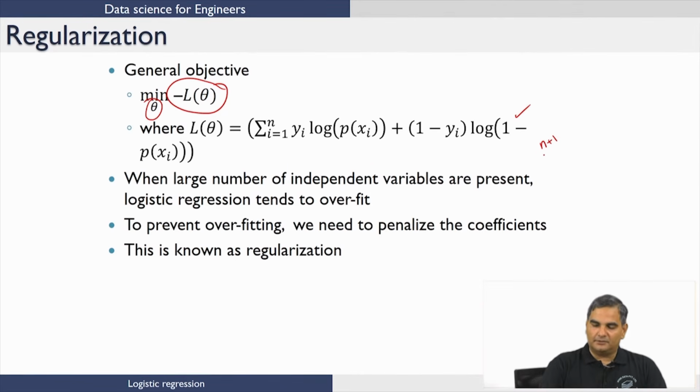If this n becomes very large, when there are a large number of variables present, then these logistic regression models can overfit, because there are so many parameters that you could tend to overfit the data. So, to prevent this, though you have these n plus 1 decision variables to use, one would want these decision variables to be used sparingly.